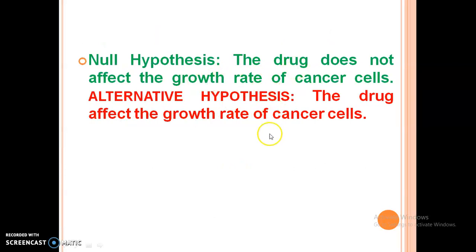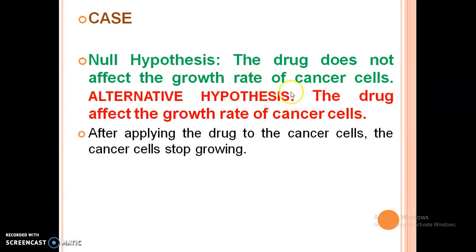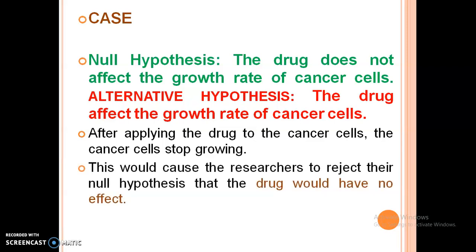Now, as we know the two hypotheses of the case, suppose after applying the drug the cancer cells stop growing. This is a scenario where I applied the new drug and the cells stopped growing. This would cause the researchers to reject their null hypothesis. Since the cancer cells are not growing, the researchers will say we should reject our null hypothesis, because the drug is actually effective.